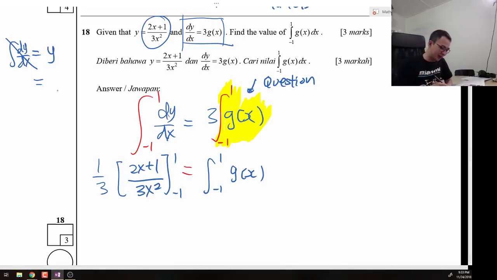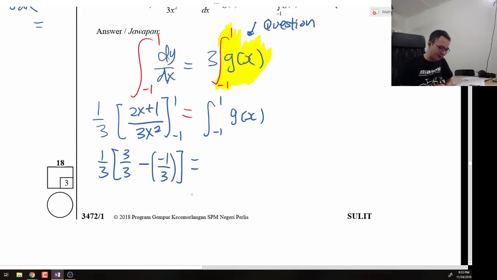Okay, then I just simplify it. So I substitute the 1 into here, I should get 3 over 3. Minus, I substitute this one into here, I should get negative 1 over 3. Then I can get my final answer by solving this one. Should be plus, right? 4 over 3. Should be 4 over 9.